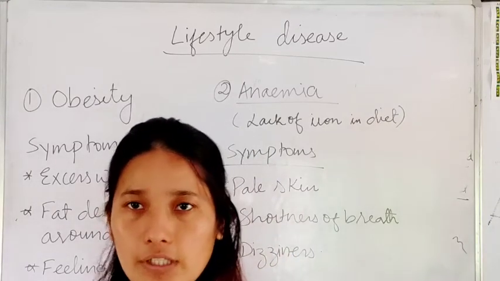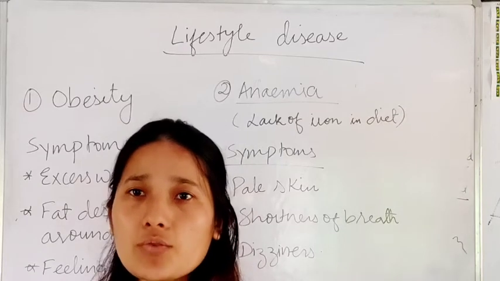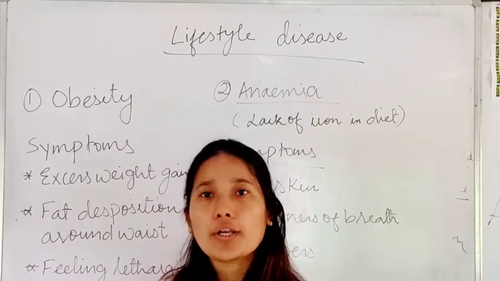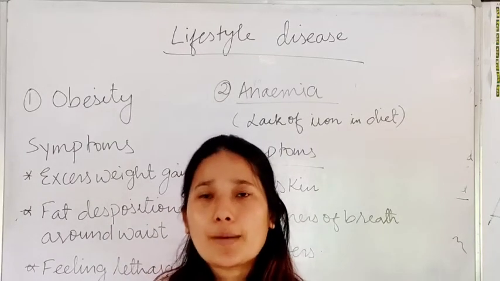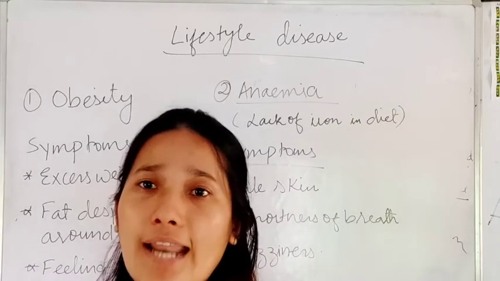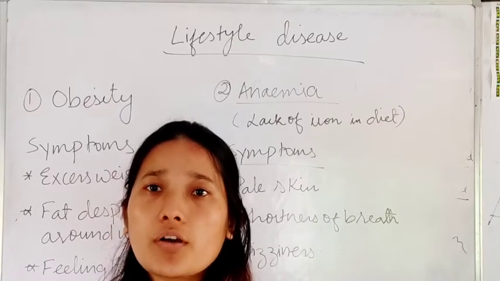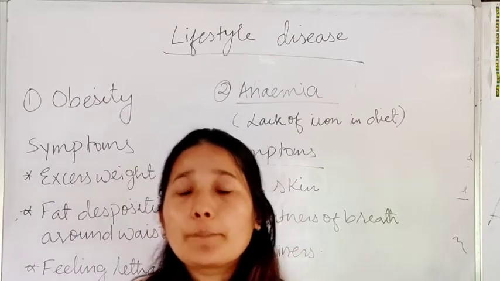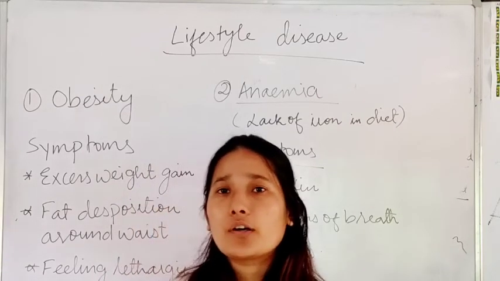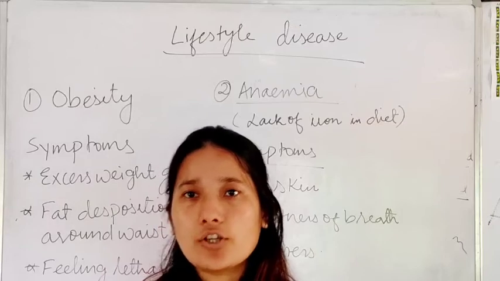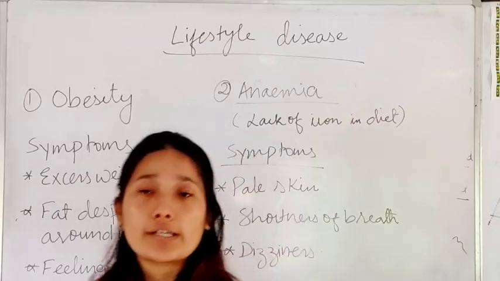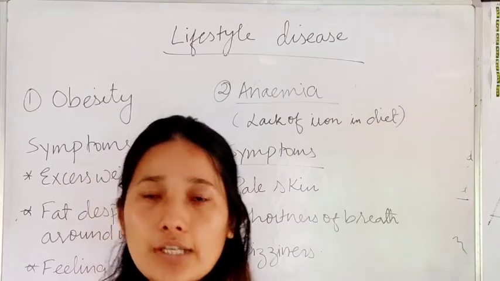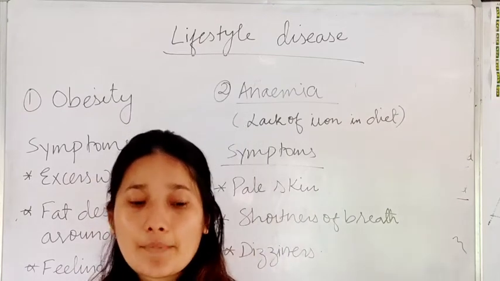Next one is diabetes. In the case of diabetes, the blood sugar level, that is glucose, is higher in the blood of that particular person. Now how does that happen? It occurs maybe because of eating unhealthy food like junk foods, or it might happen because of not carrying out any sort of exercise. Because of that also a person can be diabetic. So what are the symptoms of a diabetic patient?